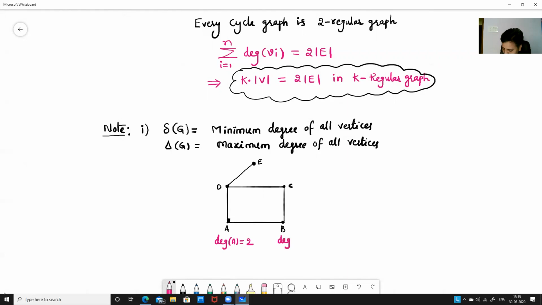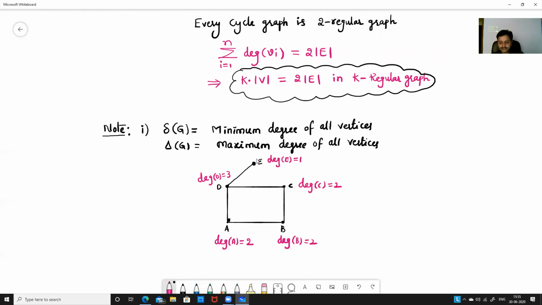And the degree of B is equal to 2. And the degree of C is equal to 2. And the degree of D is equal to 3. And the degree of E is equal to 1.